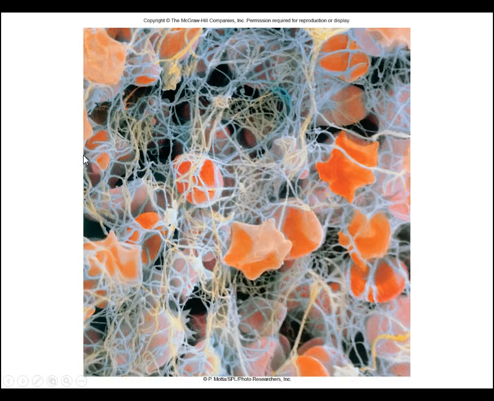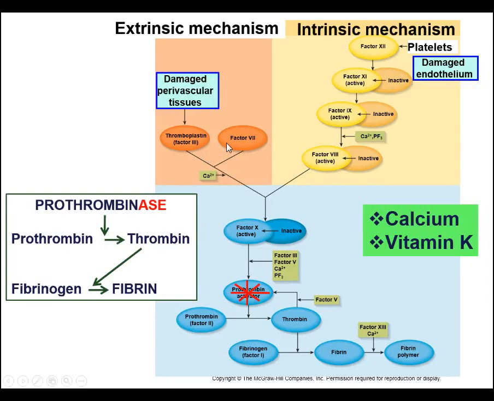Now, let's take a look at how we end up with these insoluble fibers that are a part of this structure that's helping to stop us from bleeding. Now, we don't get overwhelmed. It's okay. We'll talk our way through this picture.